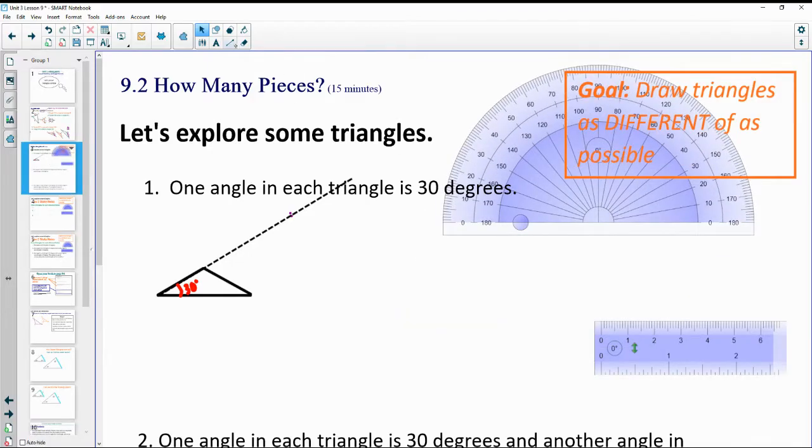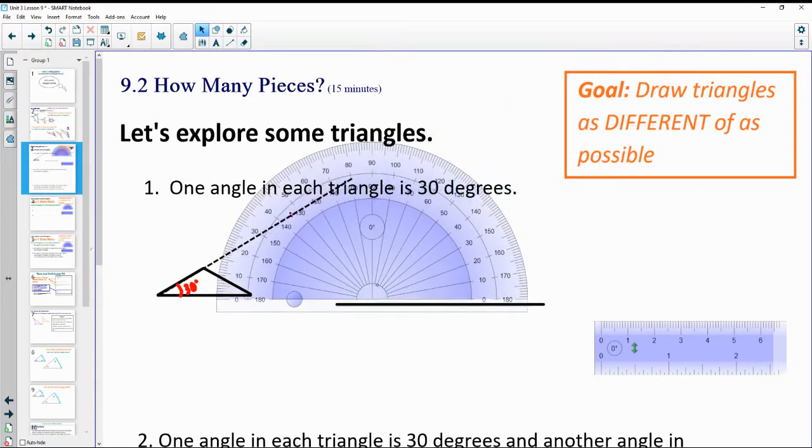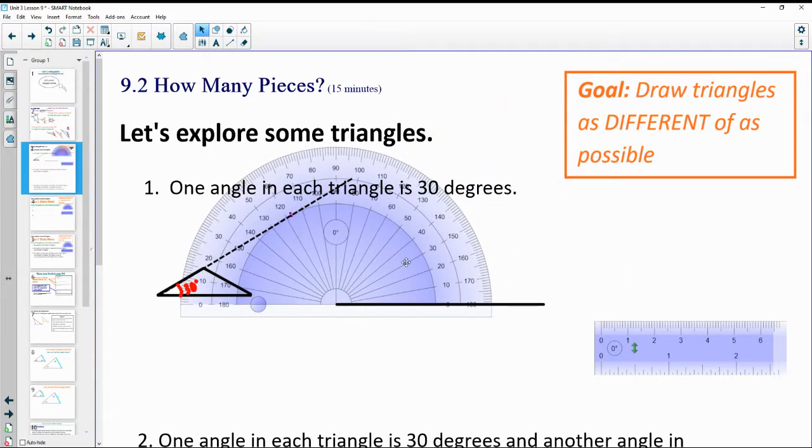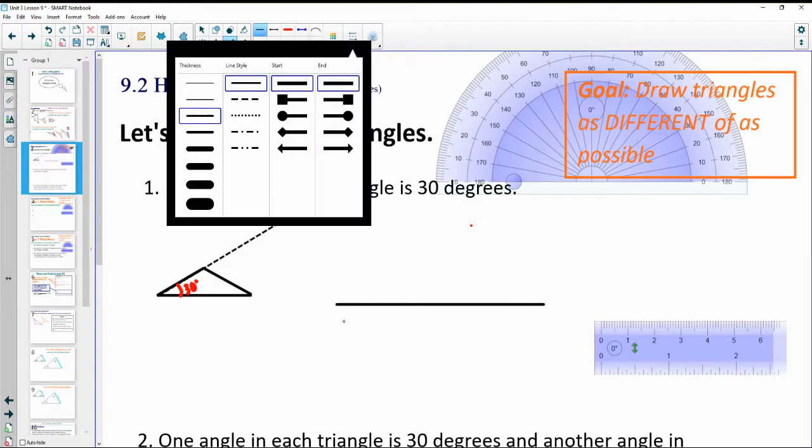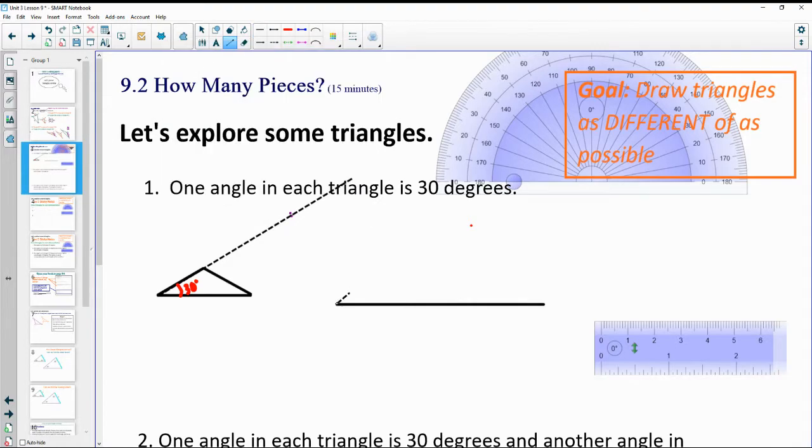So I'm going to, again, start with a line. And then I'm going to set this on here, and I'm going to get a 30-degree angle. So then anywhere along this ray is where 30 degrees is.